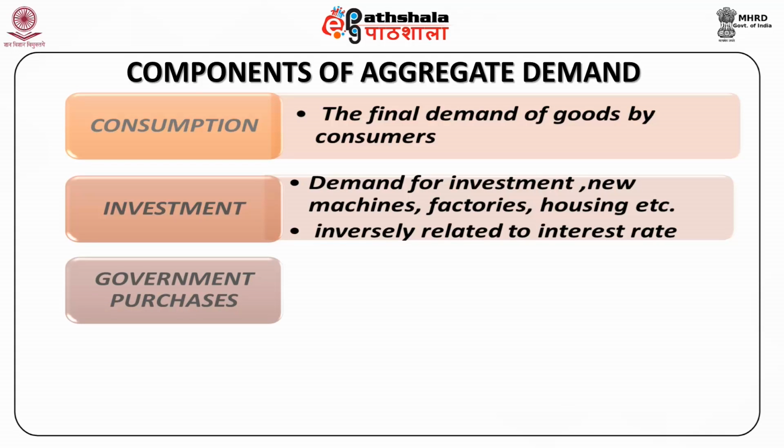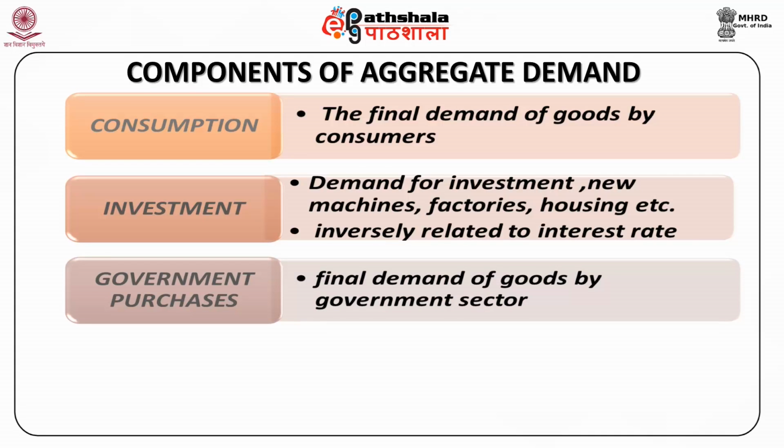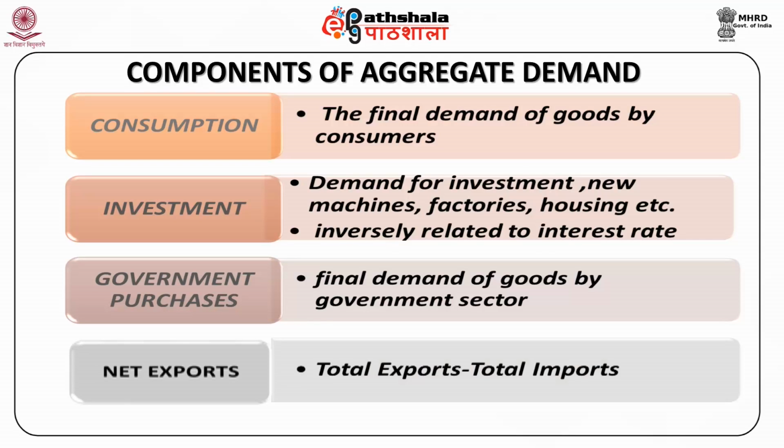Government purchases, G. This consists of final demand of goods by the government sector. Net exports, NX, which is total exports minus total imports. Expressing these in equation form, we get AD = C + I + G + NX, which is equation 1.